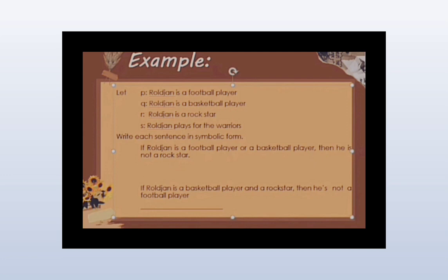So Roljan is a football player. We let this one as P. So we have here P. Then we have the connective or.